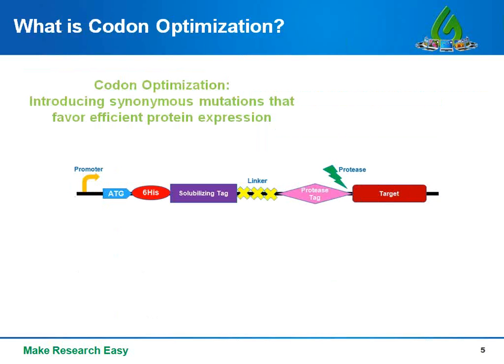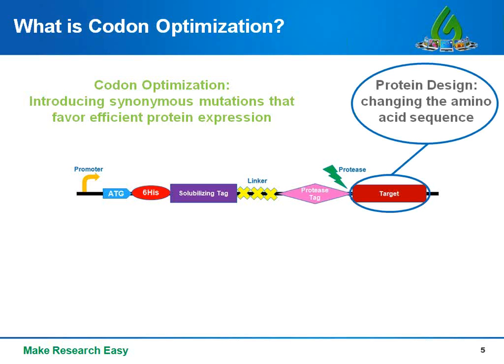Within your expression clone, there are many different factors that you can choose to tinker with. For example, you may want to change or shorten your amino acid sequence. For example, researchers often use truncated versions of proteins if the ultimate goal is getting a crystal structure of a specific domain. Mutations or truncations would be considered protein design, and that's outside the scope of today's discussion.